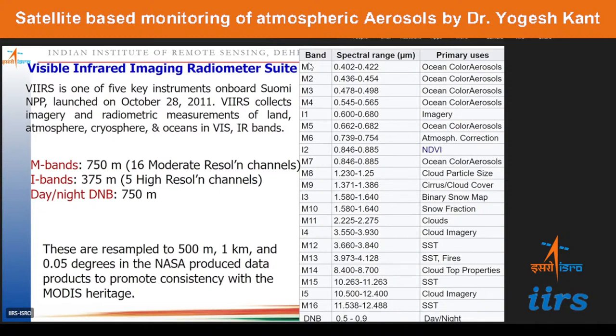Another sensor is the Visible Infrared Imaging Radiometer Suite, that is VIIRS. This is on board the Suomi NPP and was launched in 2011. It has 22 channels of different resolutions, which are listed here. 16 channels are moderate resolution channels at 750 meter resolution, 5 bands are at 375 meter resolution, and one is a panchromatic band at 750 meter.